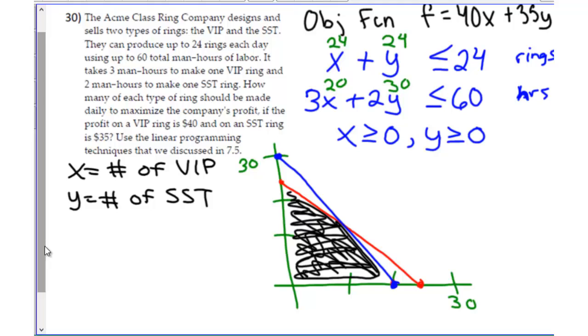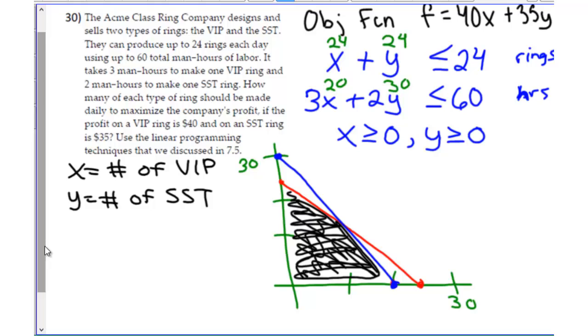What this is saying is you could pick any point in the region that's shaded black, and it would solve all of these inequalities and give you true statements. But what we want is to maximize our profit, and so there is a certain set of points that we can use. One of those has to be a maximum if there is a maximum at all.